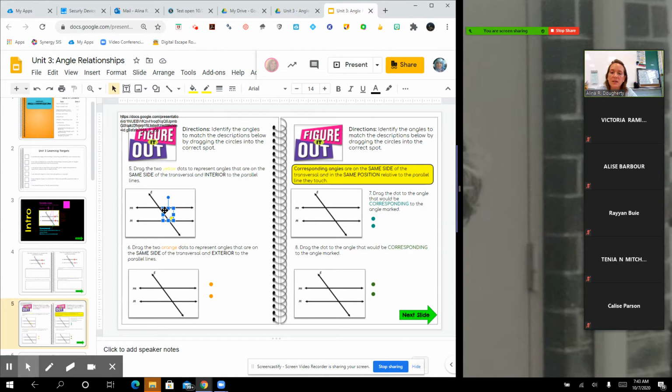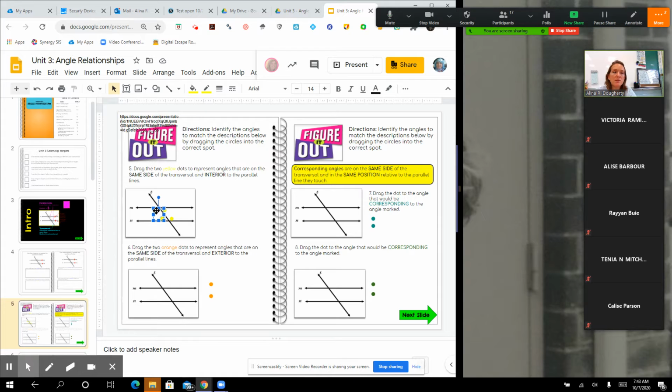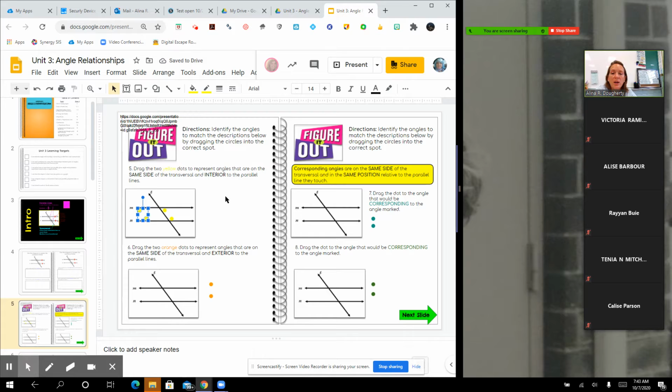I'm not being very successful. There we go. I could have put them over here. So your same side interior can either be the 2 on the right or the 2 on the left. Okay? Those are your 2 options. Doesn't matter which one, 2 on the left or 2 on the right, and they're inside the parallel lines.